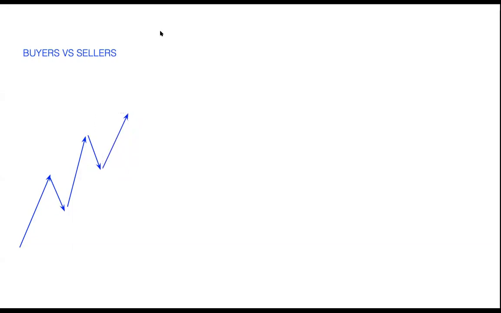Obviously, it's never this perfect in candle form, but we have our higher high, we have our higher low, cool. Then we have our higher high, then we have our higher low.